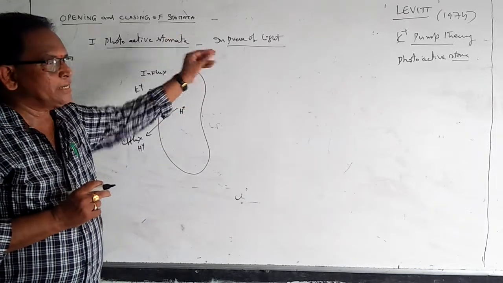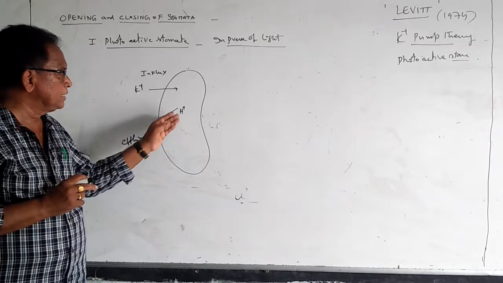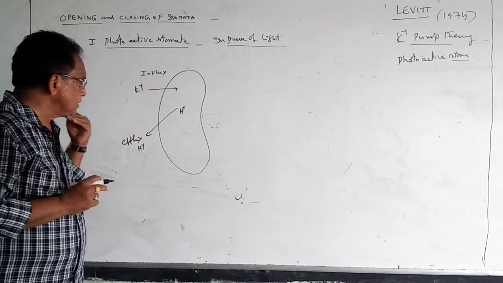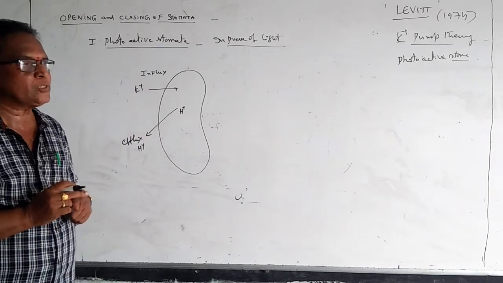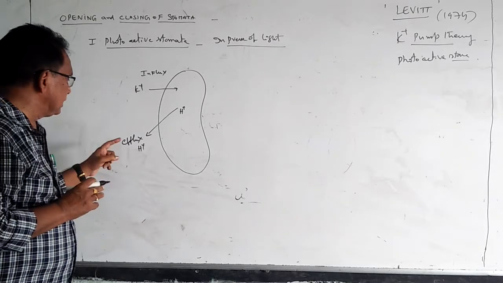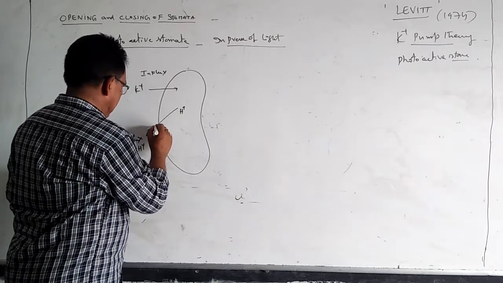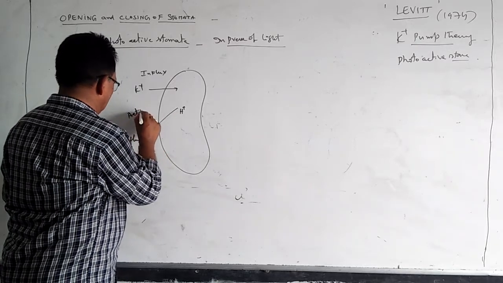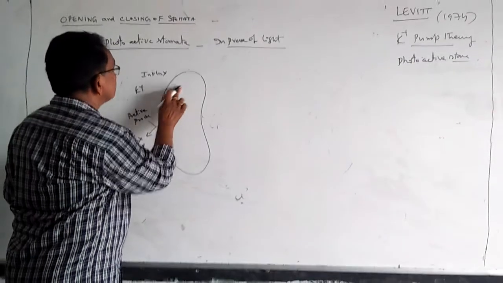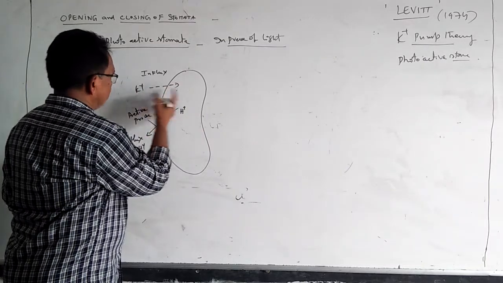Simultaneously, hydrogen protons present in the guard cells are sent outside, and this expulsion of hydrogen protons to the outside is called efflux, and this is an active process.